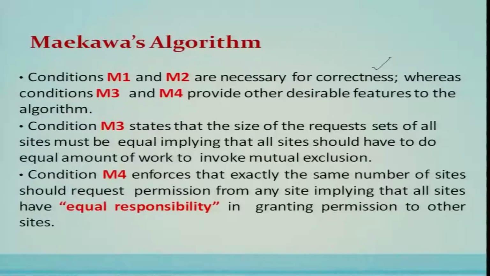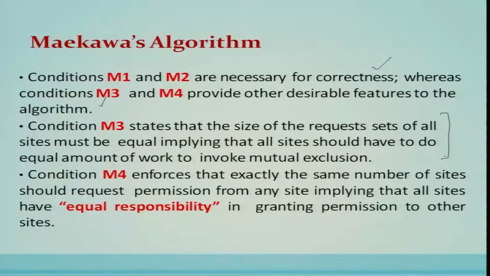Condition M3 states that the size of the request sets of all the sites must be equal, implying that all the sites have to do an equal amount of work to invoke mutual exclusion. So, this M3 will ensure that all the sites do an equal amount of computation and work.